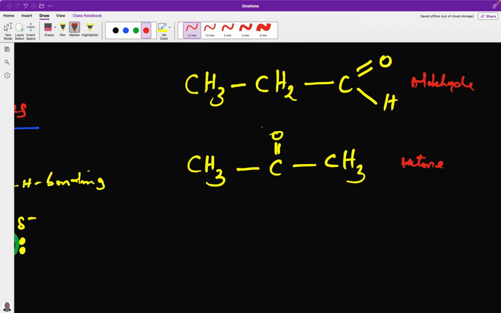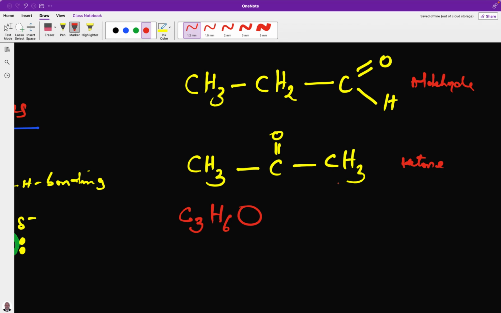All of them have the same molecular mass, and the molecular formula is C3H6O. All of them have the same molecular formula, different structural formula.